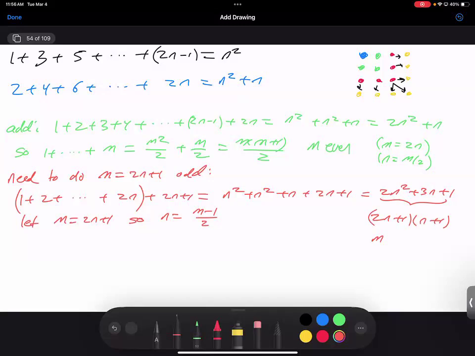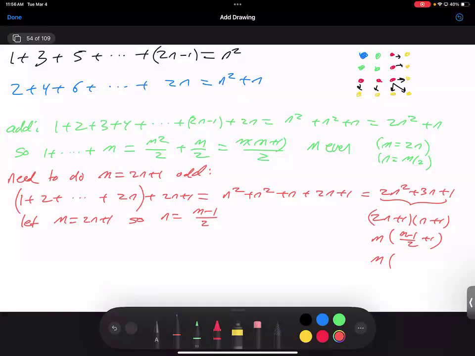So we know m is 2n plus 1. Why can't we just plug it in minus one? So that we could get m minus 1 over 2 plus 1. Yes. And that gets you m minus 1 over 2 plus 1.